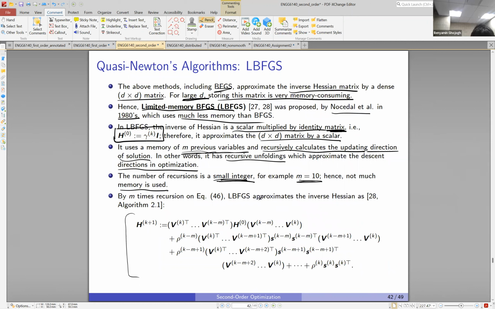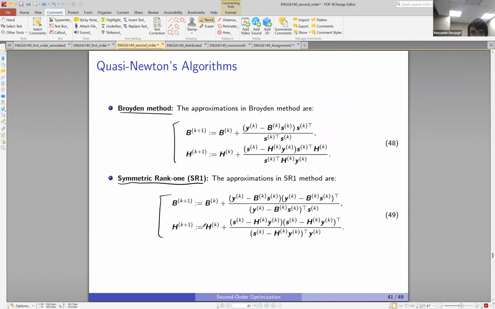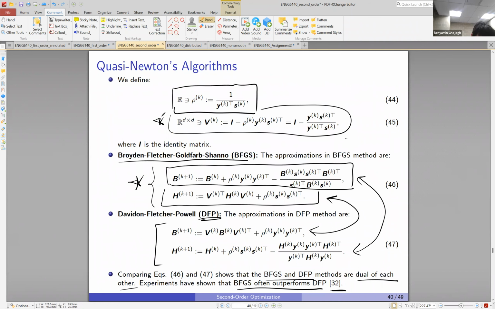The LBFGS approximates the inverse Hessian as this. You can look at its proof online or in Nocedal's book. Okay, so H0 is just a scalar times the identity matrix, and V was defined here in equation 45, right?